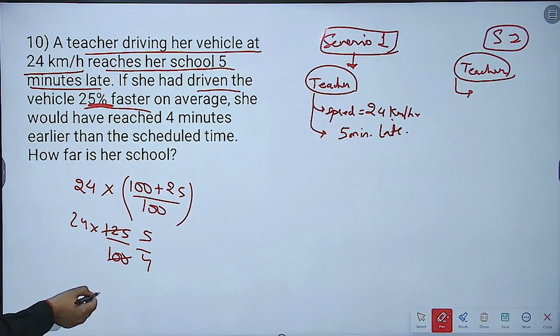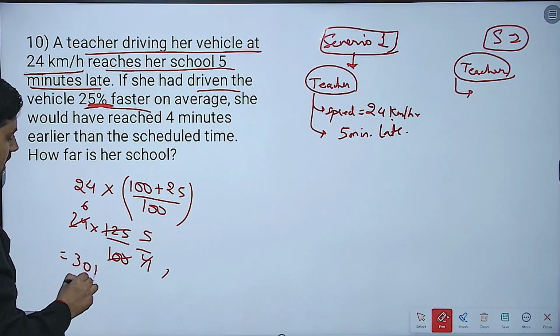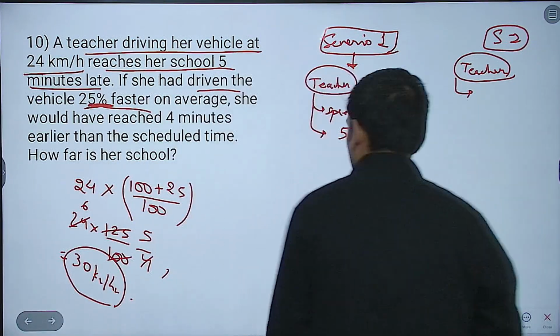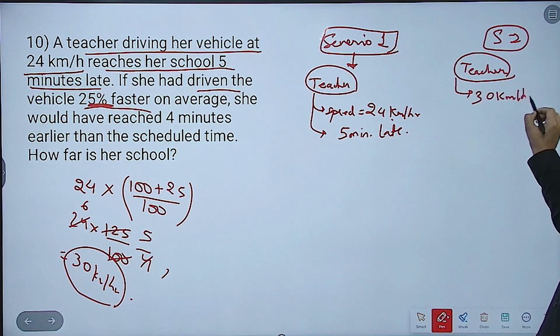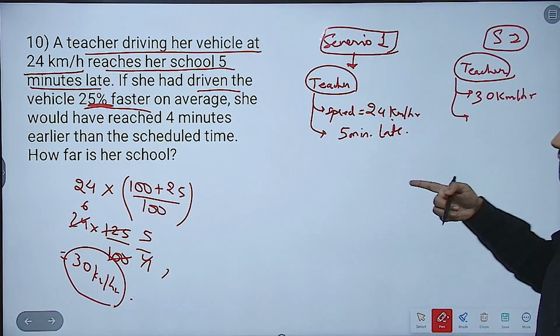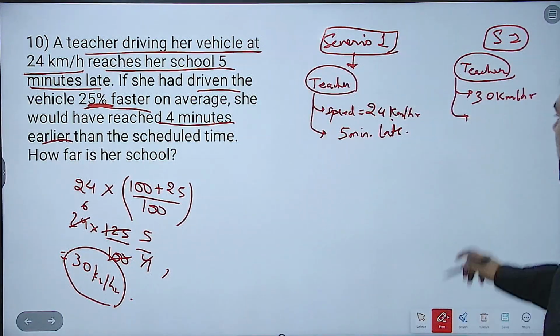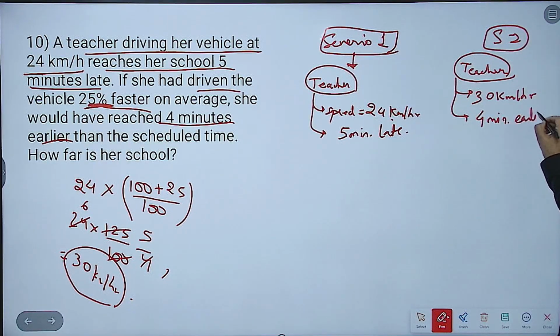If I cancel it by 25, this goes 1 time, this goes 6 times, and you get 30 km per hour. So now in the second scenario, she is going at the speed of 30 kilometers per hour, and when she goes at this speed, she reaches 4 minutes earlier than the scheduled time.